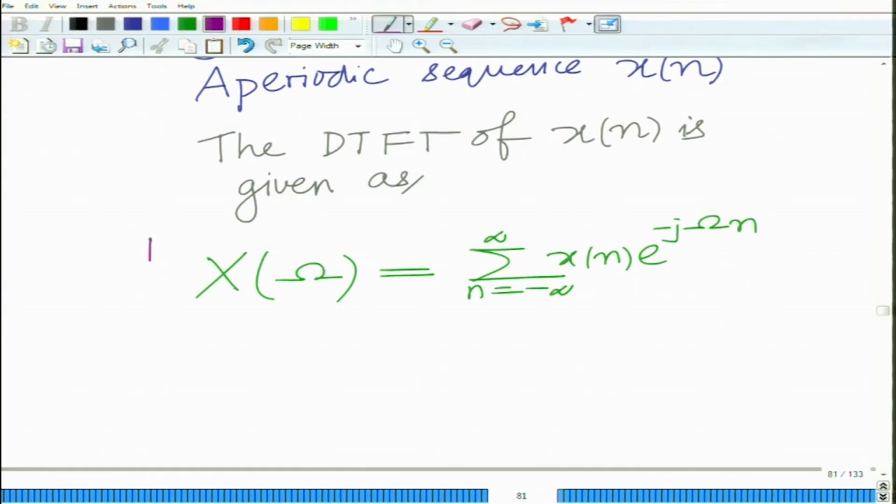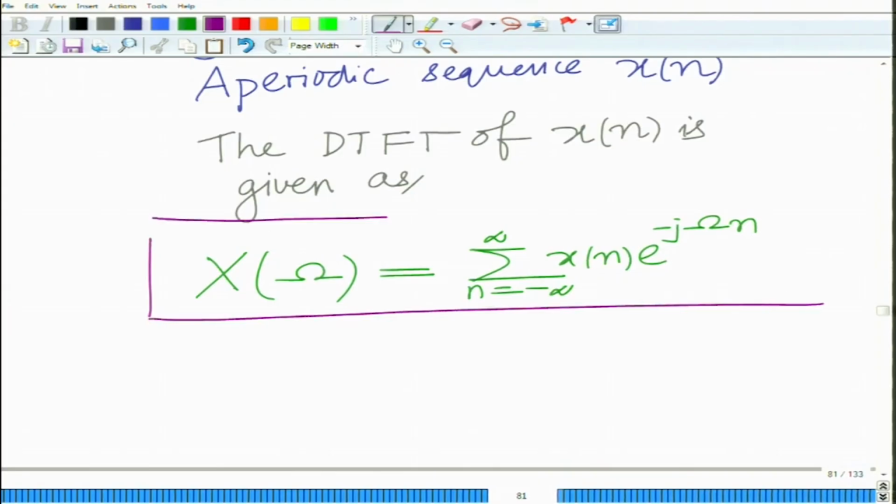This is the expression for the DTFT, the discrete time Fourier transform.